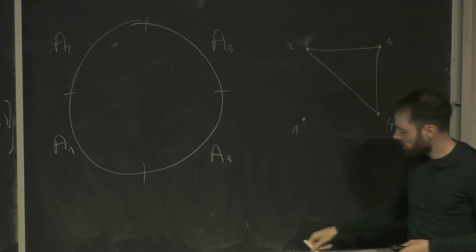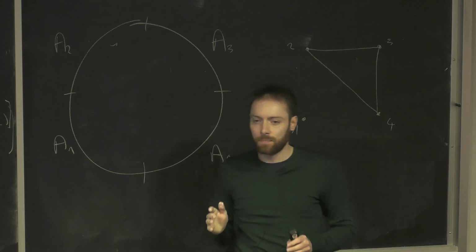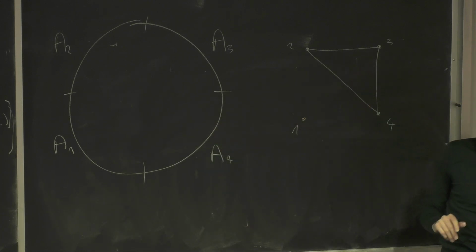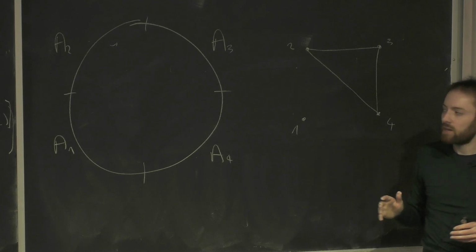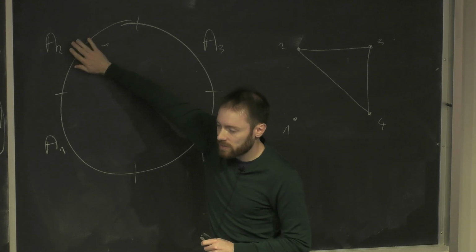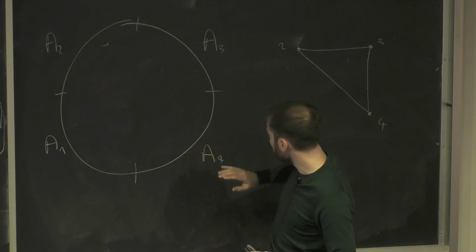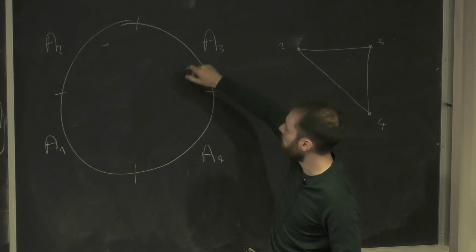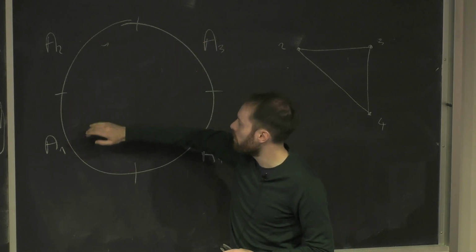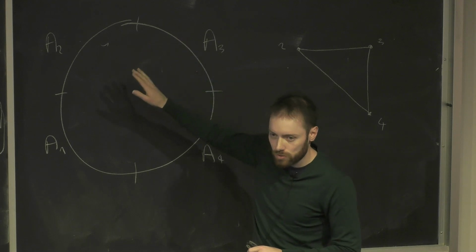All right. And then I'm going to consider every non-crossing pair partition that is compatible with that configuration. What I mean by compatible is that in that non-crossing pair partition, there will be an element of A2 linked with one of A4, an element of A4 linked with one of A3, and one of A3 with one of A2. But every element of A1 will not be linked with any of the others.